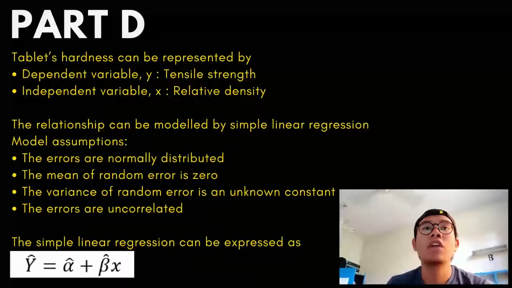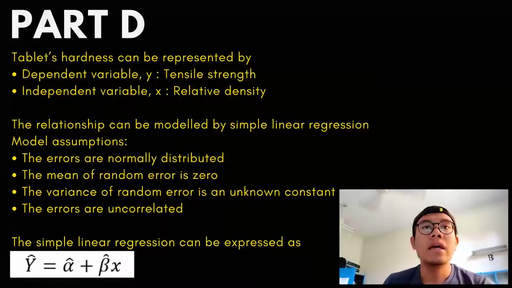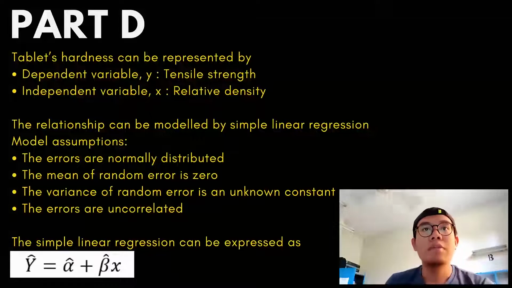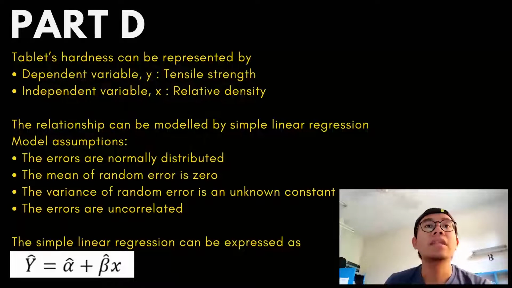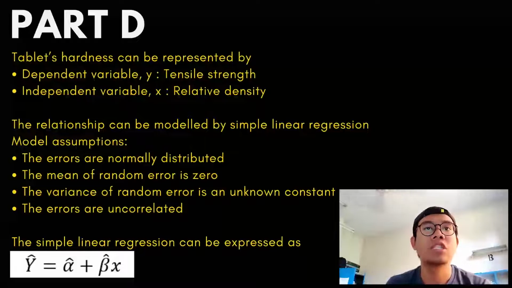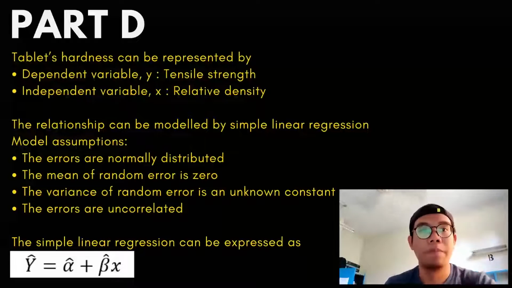Before that, we have to check 4 model assumptions to apply this model, which are: the errors are normally distributed, the mean of random error is 0, the variance of random error is an unknown constant, and the errors are uncorrelated. After these assumptions have been considered, the simple linear regression equation can be expressed as y bar equals alpha plus beta x, where alpha is the intercept and beta is the slope.